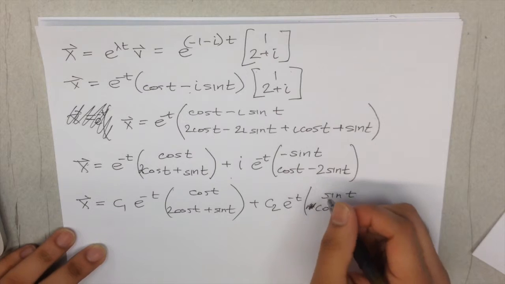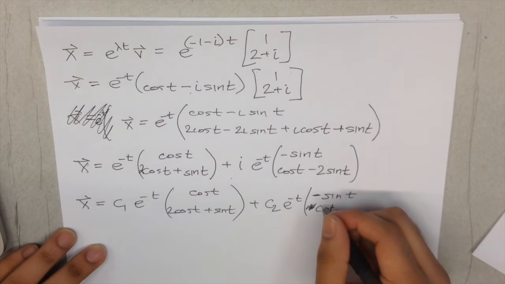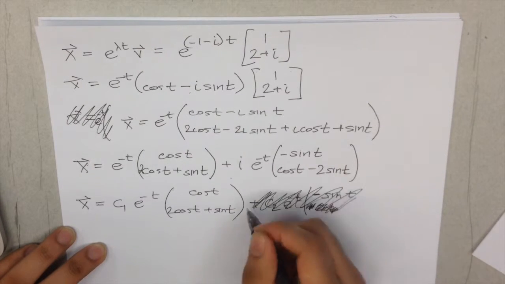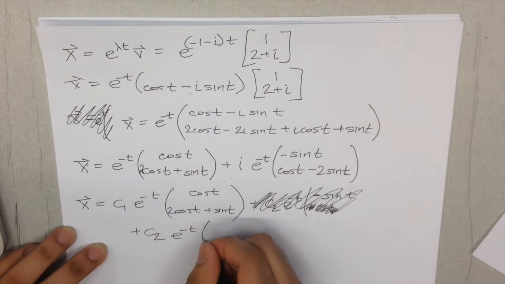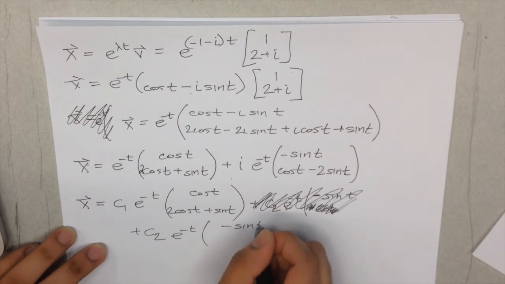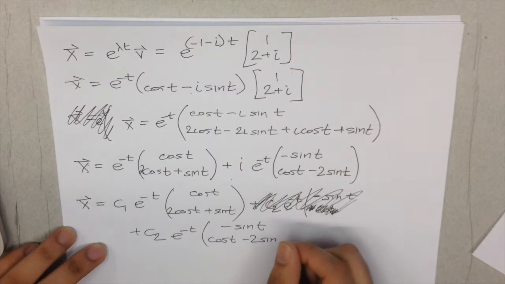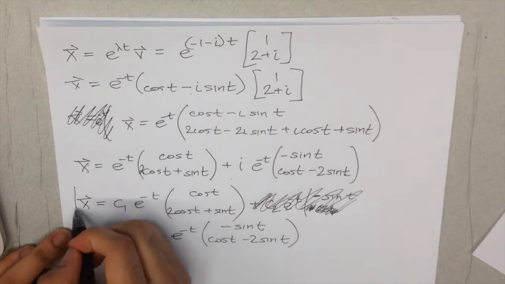Sorry, ignore that second term, I will rewrite it. C2 e to the negative t, negative sine t, cosine t minus 2 sine t. This is our final answer.